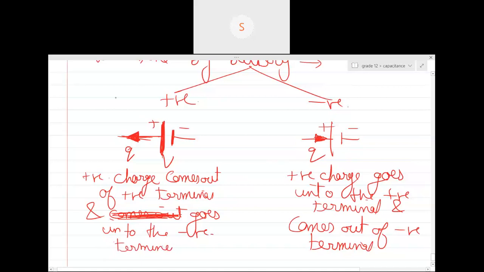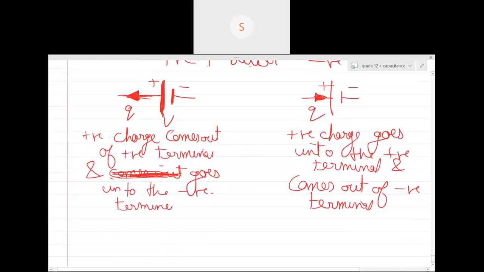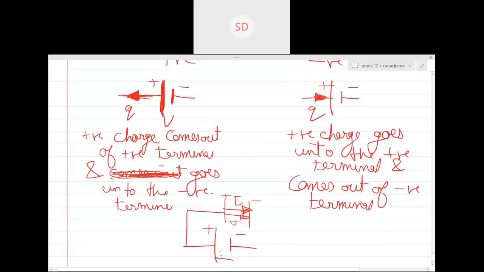See, once more. Whenever we talk about a battery, if I have a battery with positive and negative terminals, outside, the electric field is always from the positive to negative, right? But what about inside the battery? Inside it is always from negative to positive, just like current, right? So basically, electric field is from this direction.